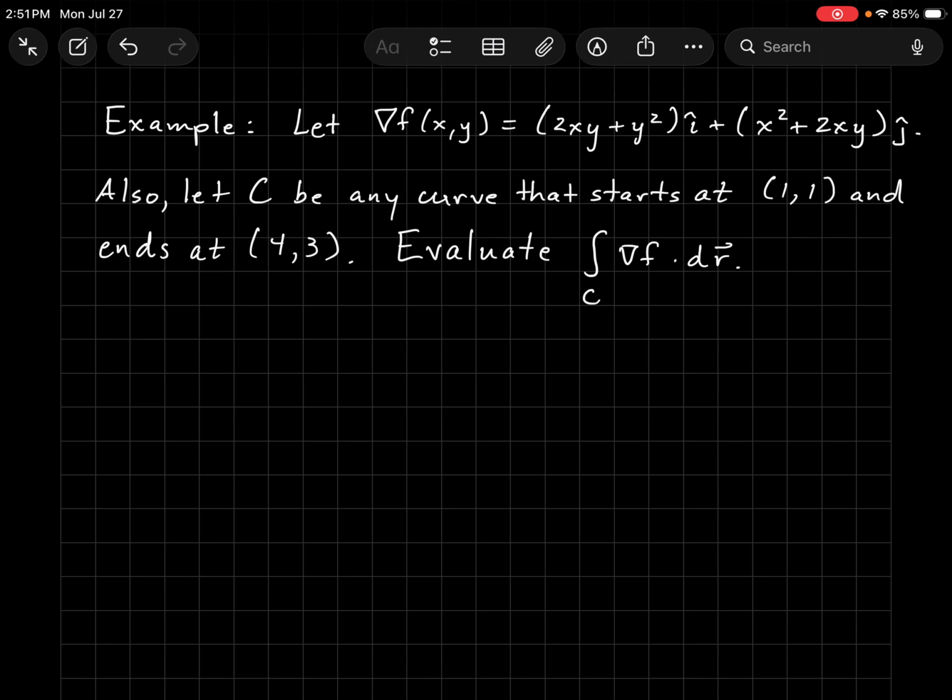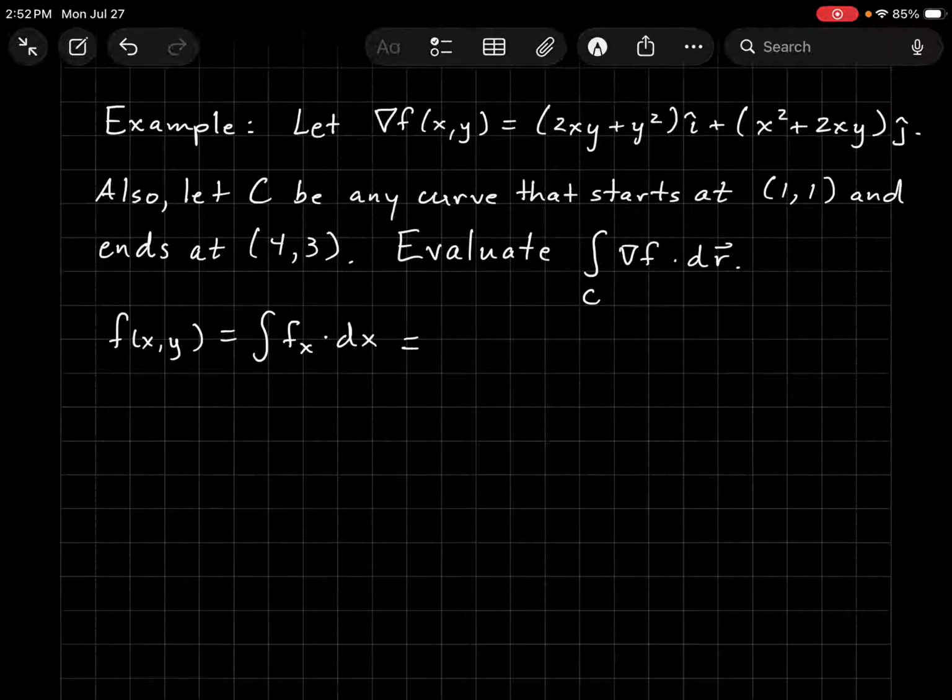So in a case like this, we don't actually need to find dr or a parameterization of the curve. We're going to do it this way instead. I want to find the actual function f. So the function f is going to be the integral of the partial of f with respect to x, dx.